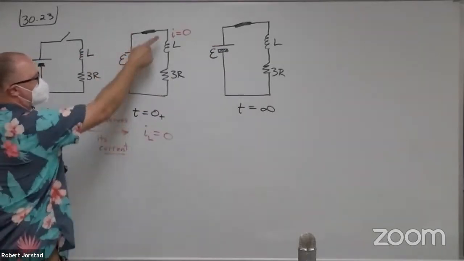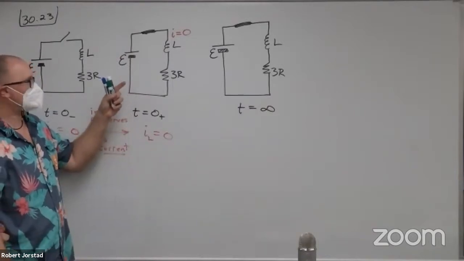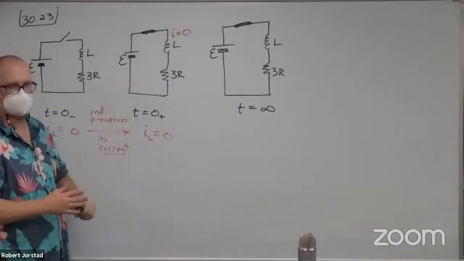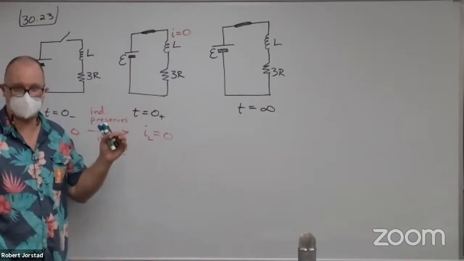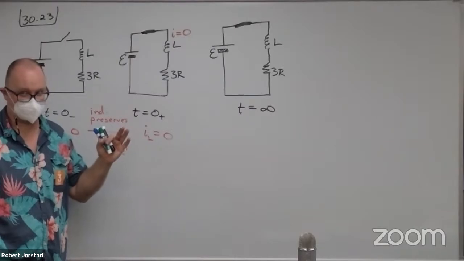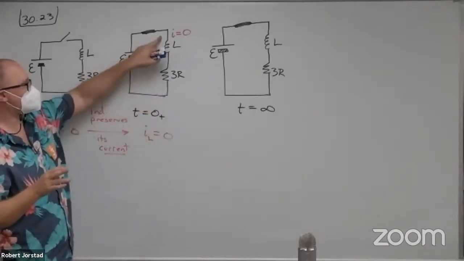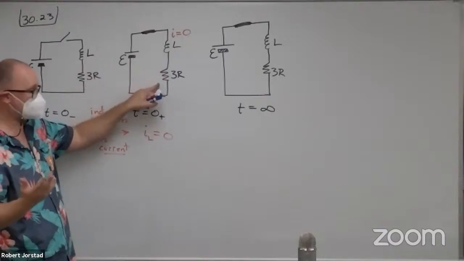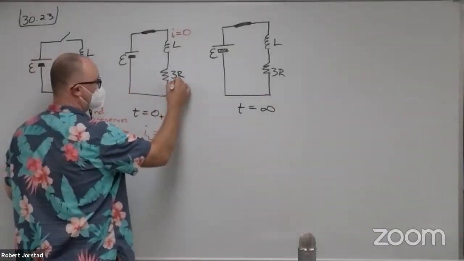If I know the current is 0 through the inductor, what else do we know? I need to know all the voltages and all the currents. Do I know the voltage of the inductor then? I don't want to go that way. I think it's easier to talk about this one. Do you know the current is 0? Yes. So what's the current in the resistor? 0. Same pipe. Agreed?